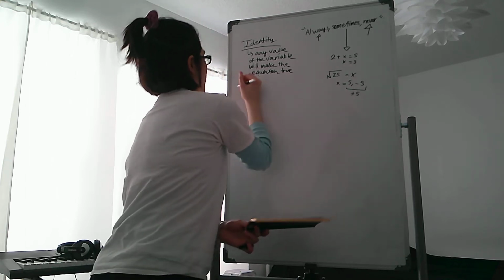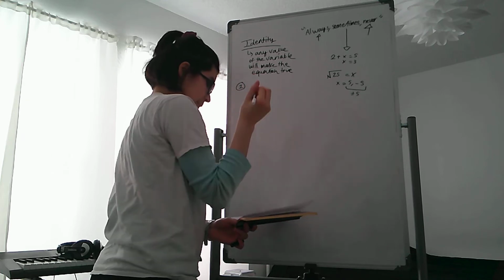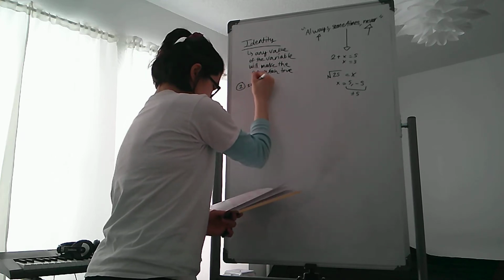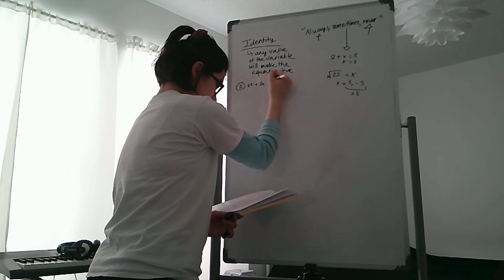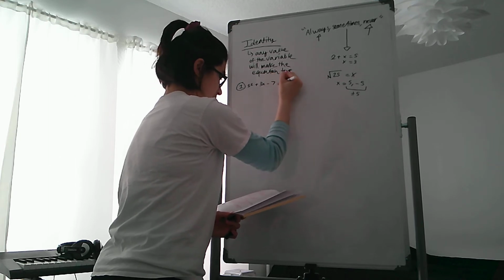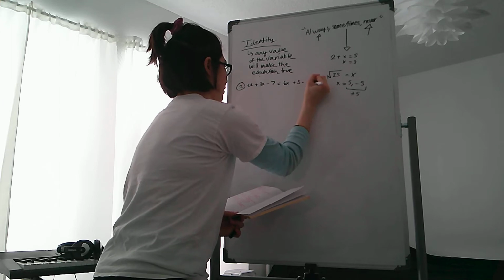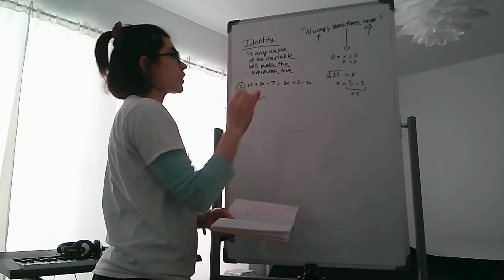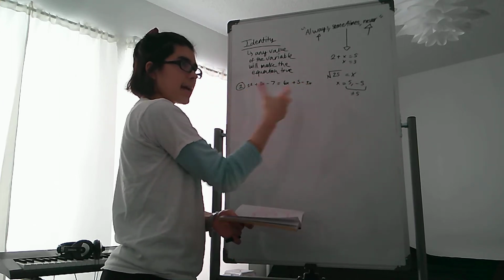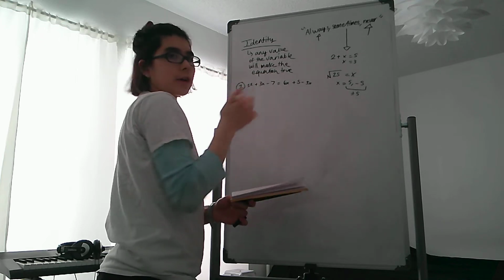Example 1, kind of a mouthful: 11 plus 3x minus 7 equals 6x plus 5 minus 3x. What we're going to do is combine like terms on both sides, then simplify to see what the equation turns out to be.